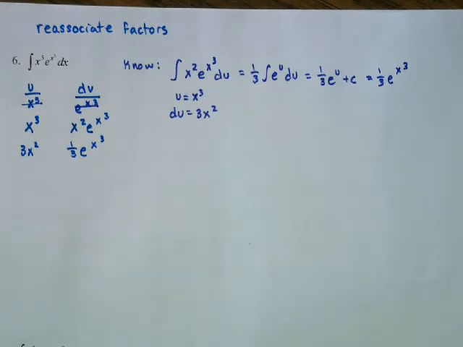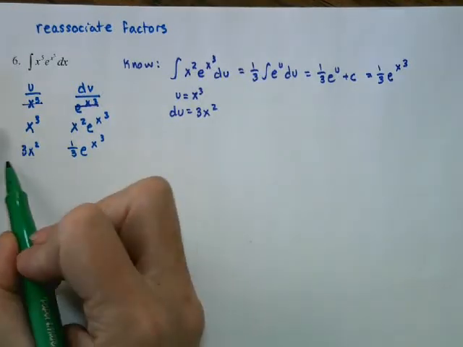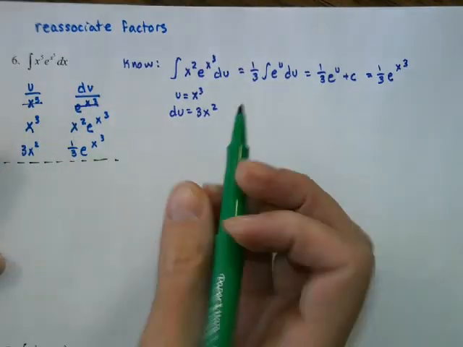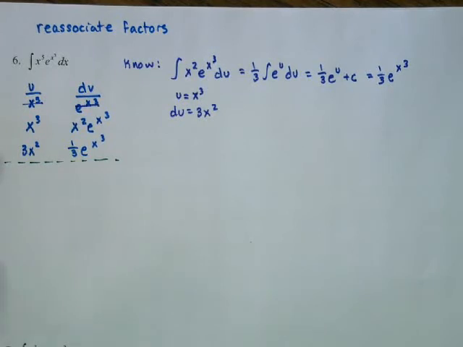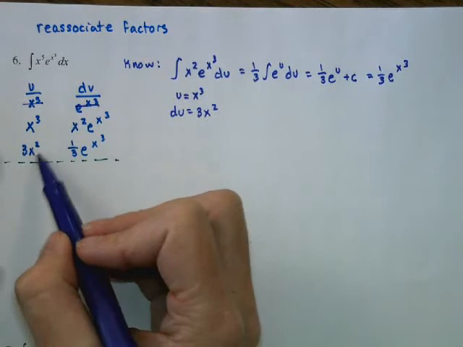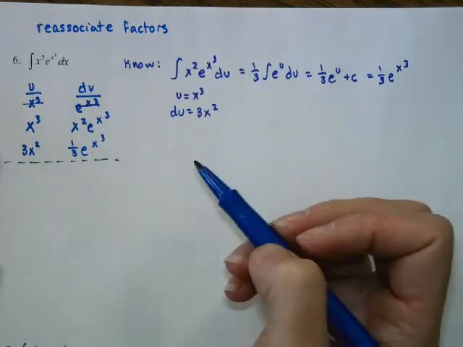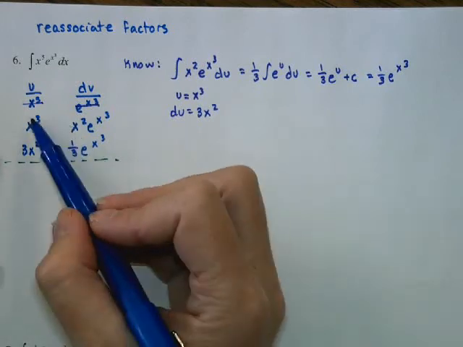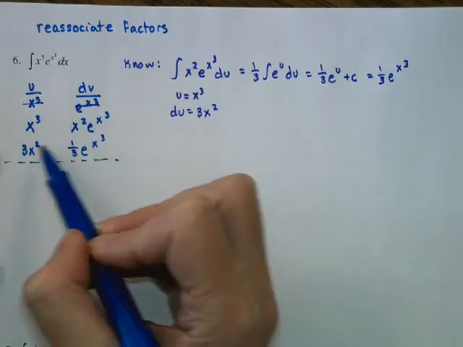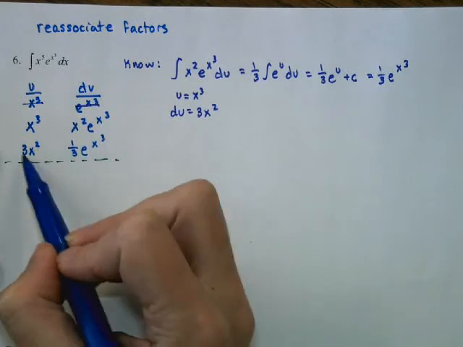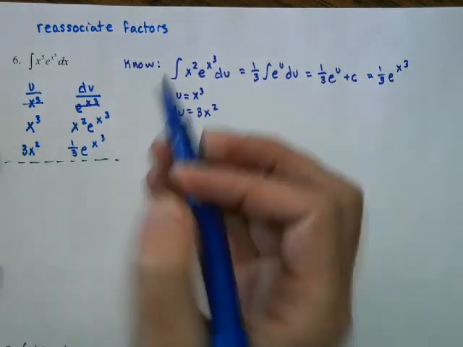So what we're going to do is called reassociate the factors. I'm going to make a break in here because I'm going to change what this looks like. I'm going to take this x squared and give it over here, because if we were doing uv minus v du, you'd multiply down the diagonal and across. So when I multiply, I can put that with this one.